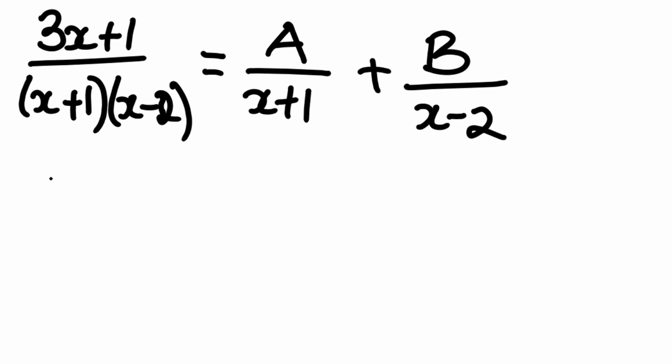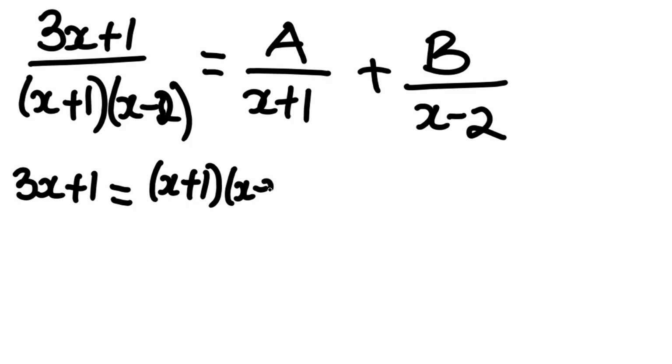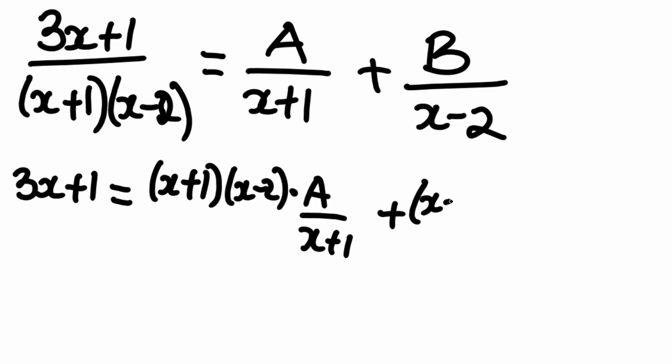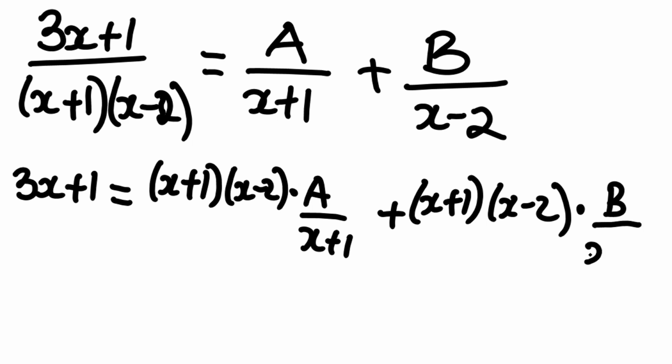So you're going to have 3x plus 1 equals, if you have this to multiply a, x plus 1 multiplying x minus 2, multiplying a over x plus 1, plus this one, you use that denominator, x plus 1 multiplying x minus 2 multiplying b over x minus 2.